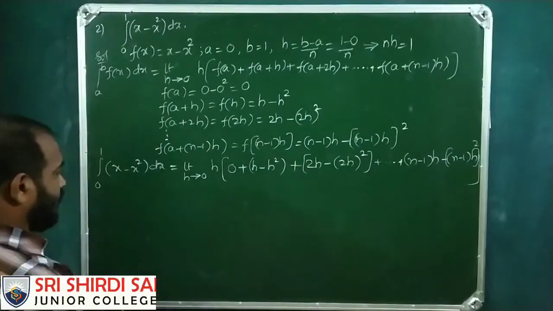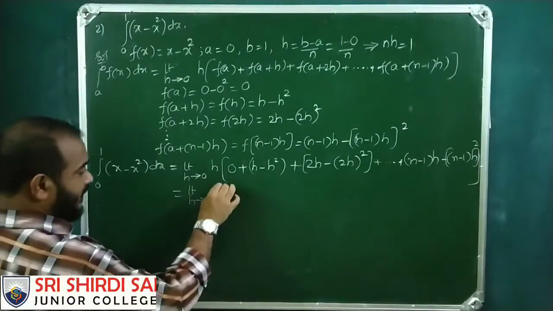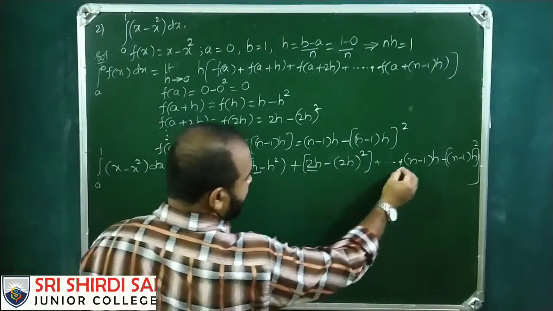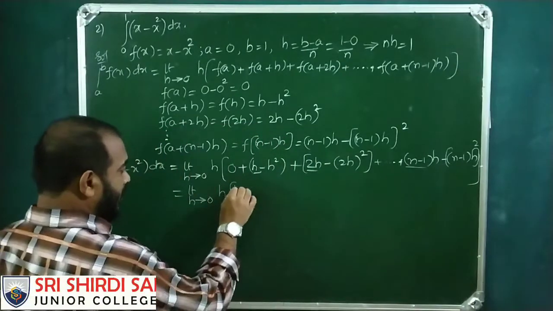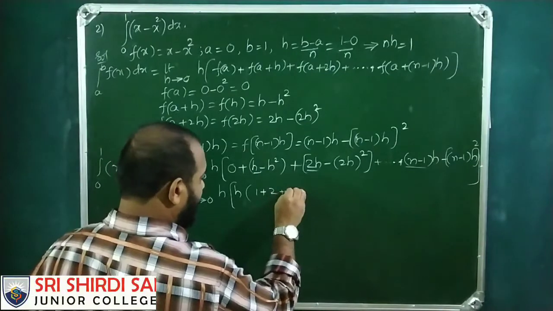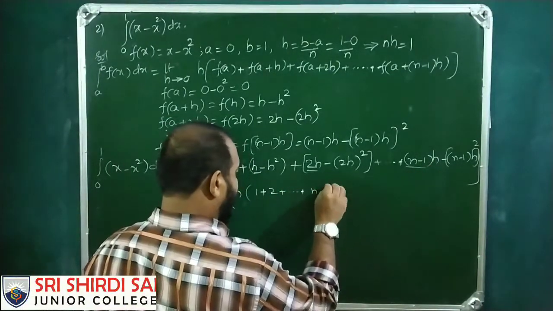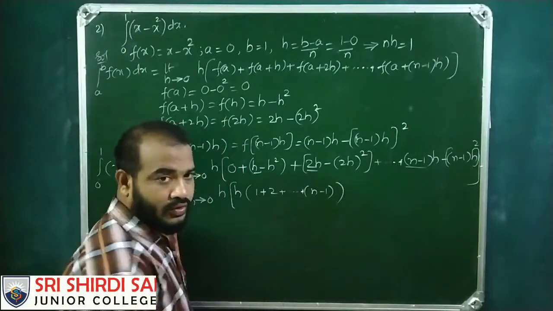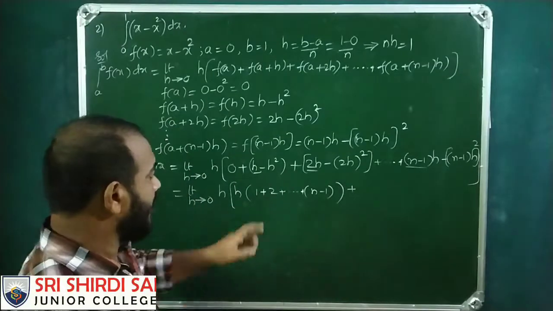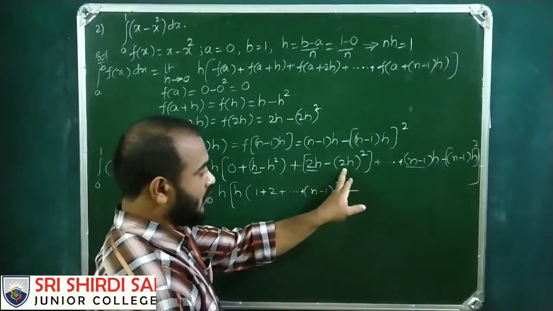That equals the limit as h tends to 0 of h into [h, 2h, etc., (n minus 1)h. If I take h in common, 1 plus 2 plus etc. plus n minus 1], minus [h square, (2h) whole square.